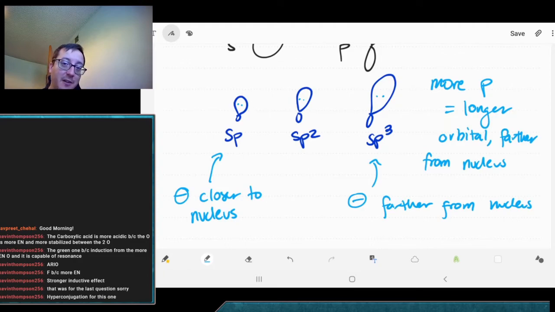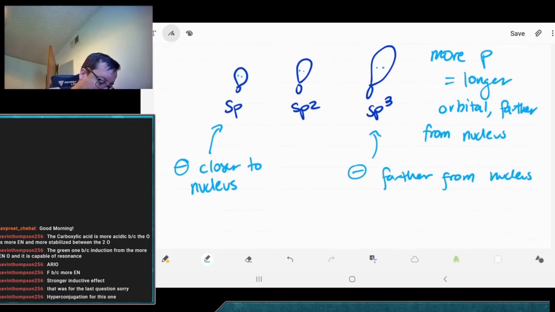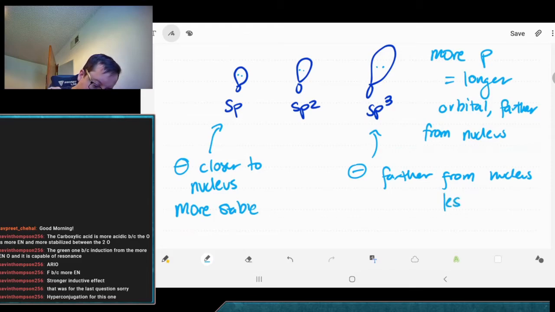Those electrons are going to be hanging around closer to the nucleus, and so it's going to stabilize that a little bit more. Actually, a lot more. But we'll also see there's some geometry going on here that's going to be important. And then if we look at the sp3, the other extreme of this, electrons can spend more time farther away from the nucleus, and so they're less stabilized by the positive charge of the nucleus, and as a result, that's going to have a little bit less stability there. So we're going to see more stable, less stable.